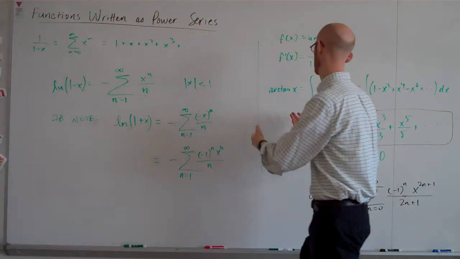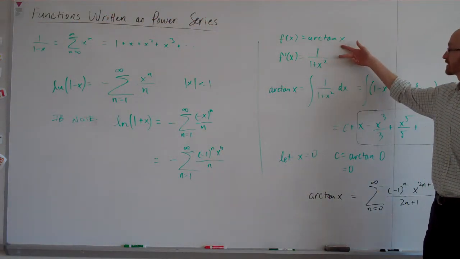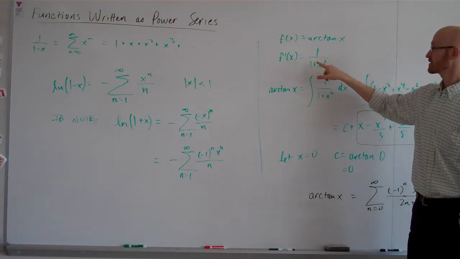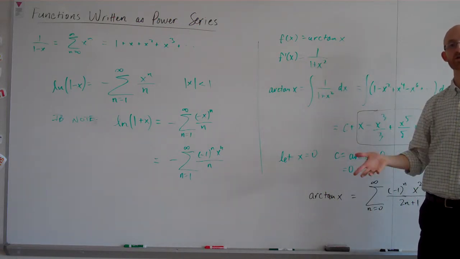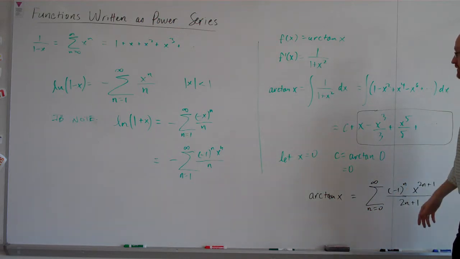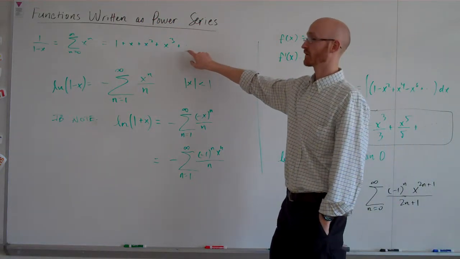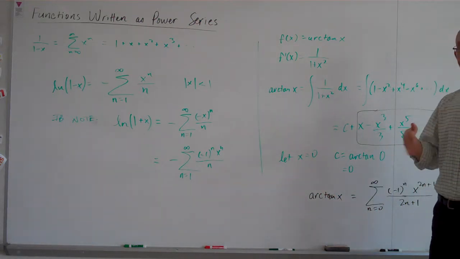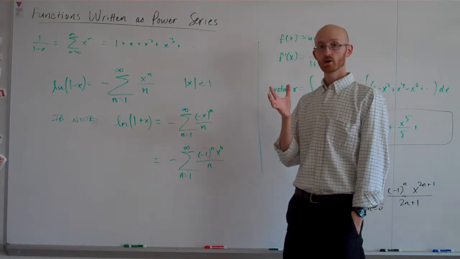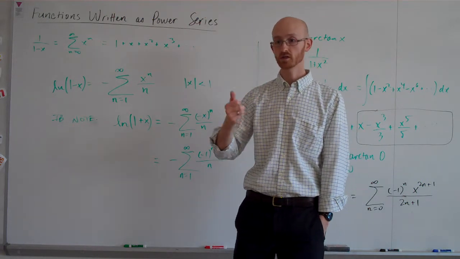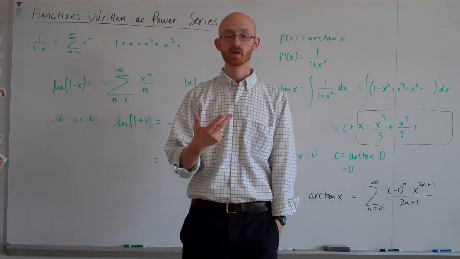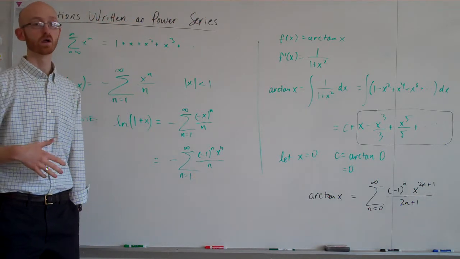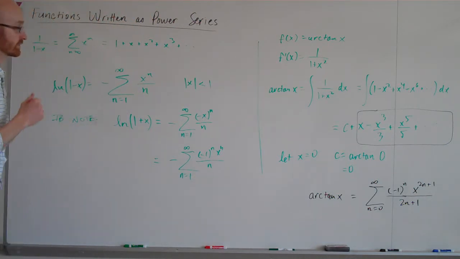And now we've also looked at arctangent because of another derivative relationship. The derivative of arctangent was some other function that we had already studied, which was closely related to our original power series with common ratio x. This is all building toward taking awesome functions, trig functions, things like that, and writing power series for them and discovering even more about their nature. So we will do that in the next lesson.